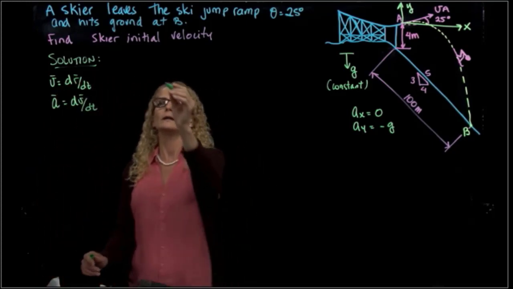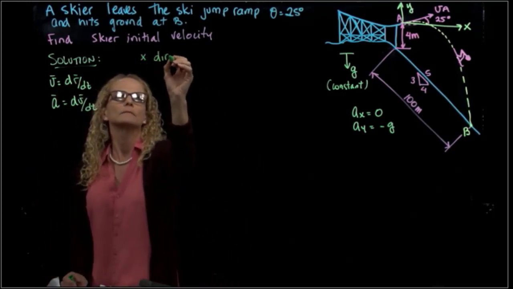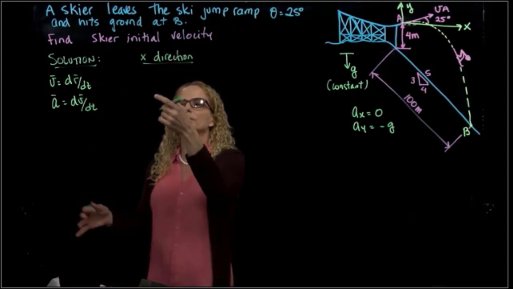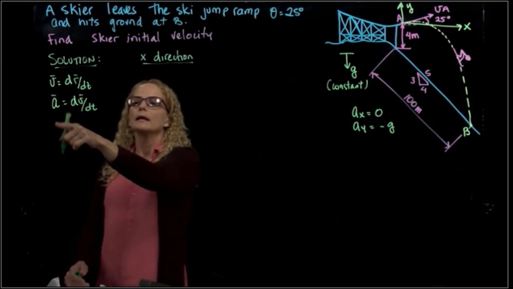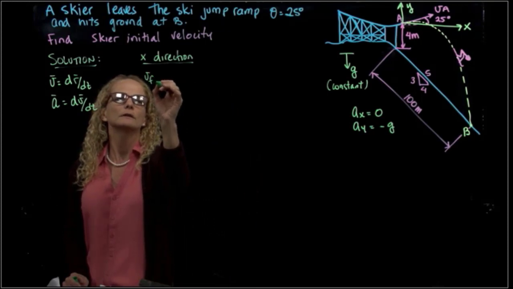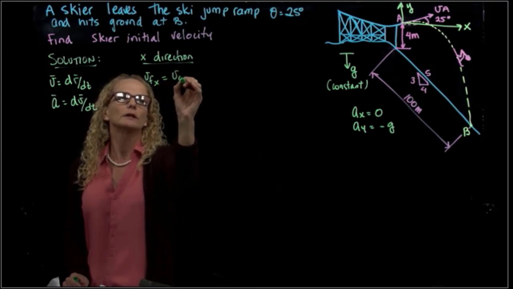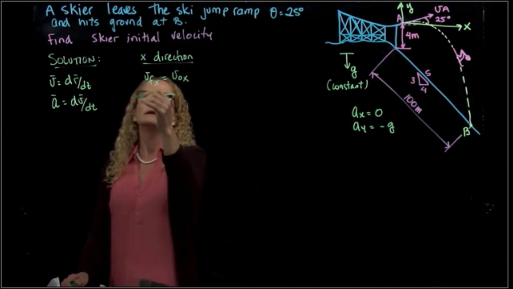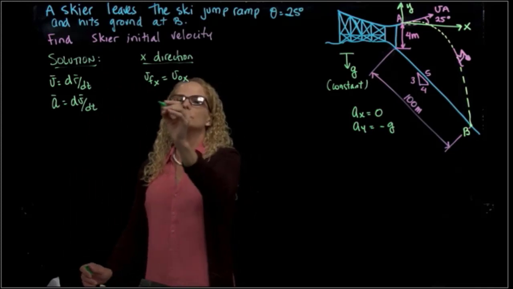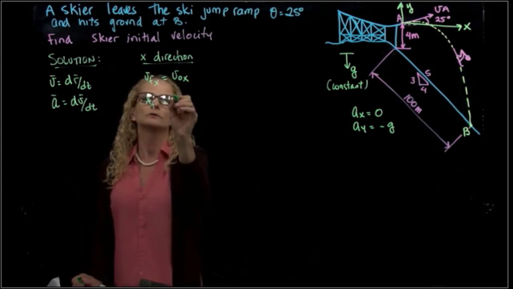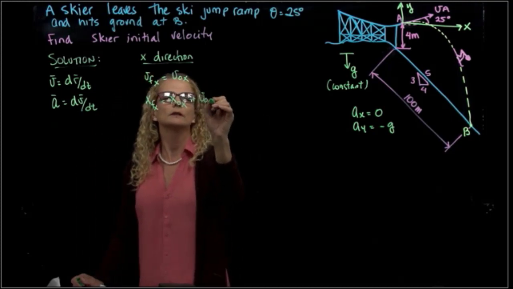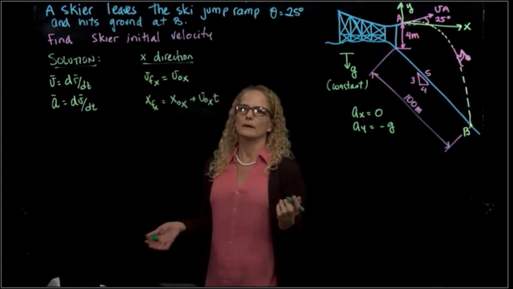Then in the x direction, by integrating those expressions, we integrate the acceleration, which is 0, and we get that the final velocity in x will be equal to the initial velocity in x. If we integrate that again with respect to time to find the position, we get the final position is equal to the initial position in x plus the velocity x times time.